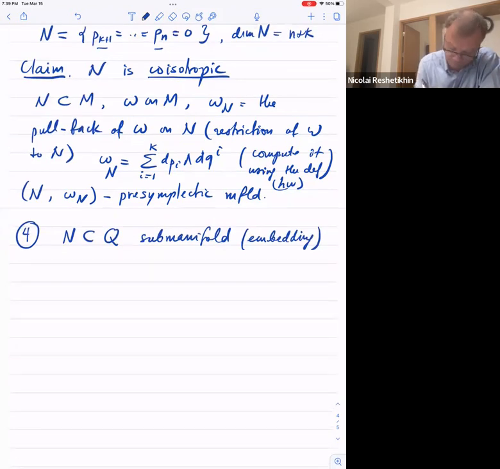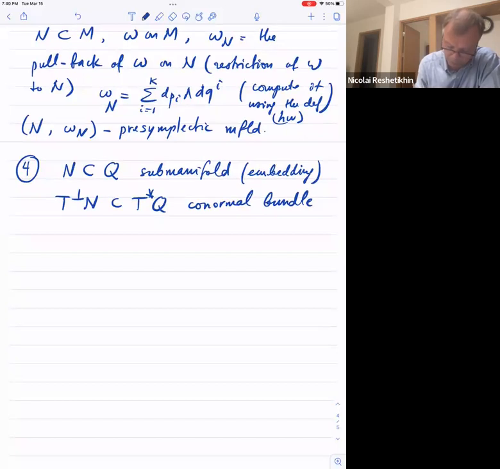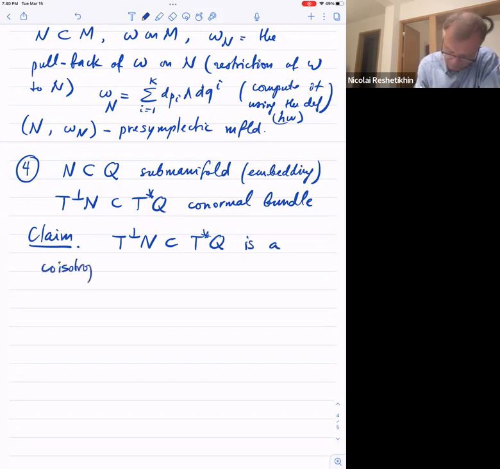We already had this discussion, I already used the notion of conormal bundle. It's a submanifold in our symplectic manifold. Claim: the conormal bundle to N in this symplectic manifold is a coisotropic submanifold.